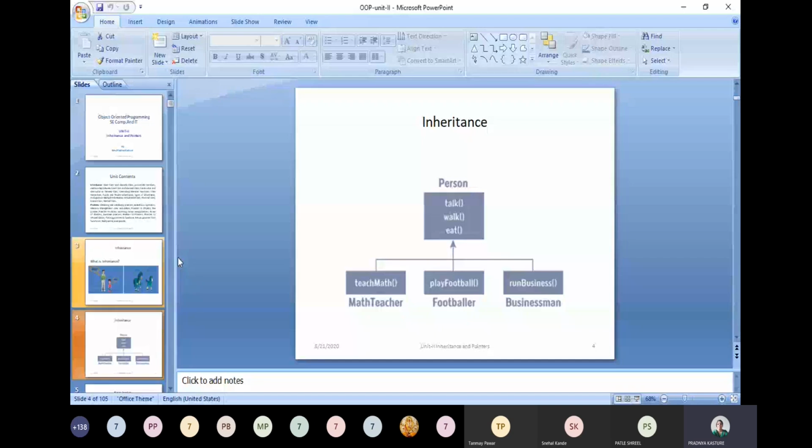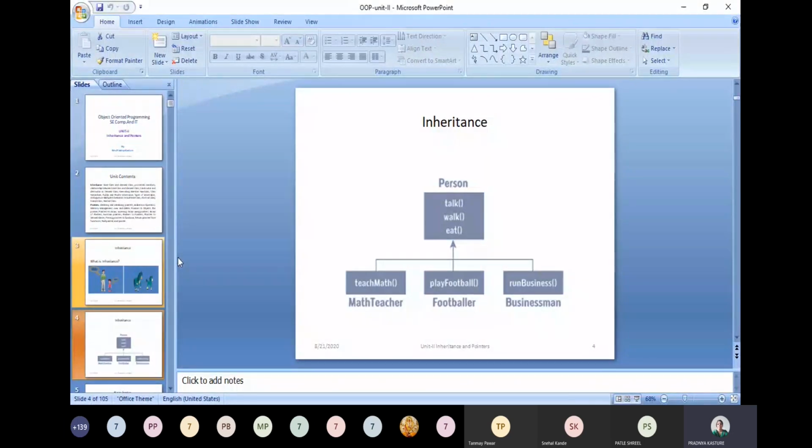Whatever the characteristics of the person class will be inherited by its subclasses or derived classes, namely math teacher, footballer, and businessman. Each has its own members as well. For math teacher, teach math is its own member function. Similarly, footballer has play football as its own method, and businessman has run business.